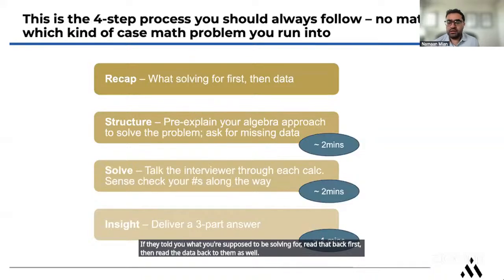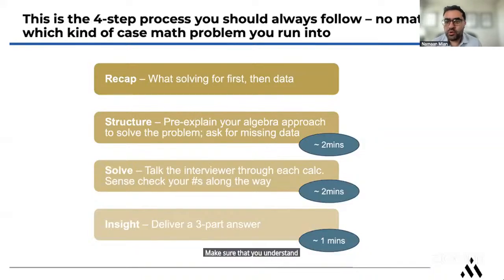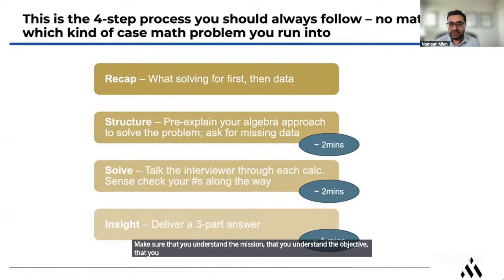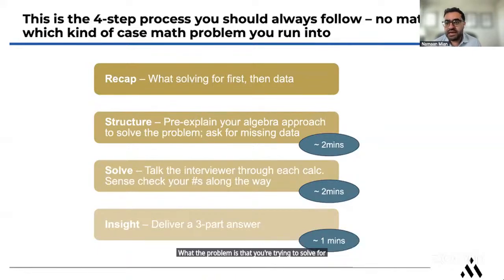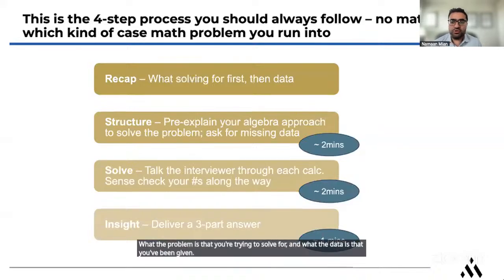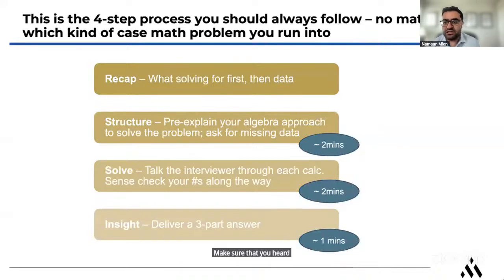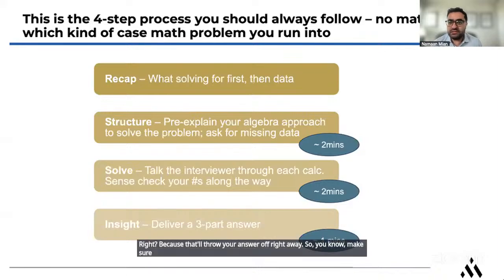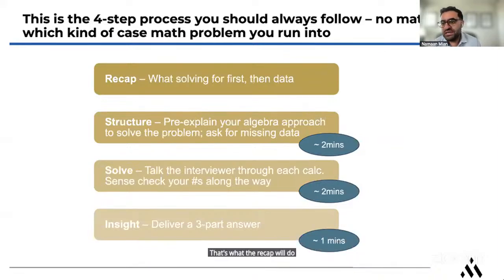Make sure that you understand the mission, that you understand the objective, that you are correctly identifying what the problem is that you're trying to solve for and what the data is that you've been given. Make sure that you heard 3 million instead of 300 million, right? Because that'll throw your answer off right away. So, make sure that you've got the data right that they want you to have. That's what the recap will do. Should take you 30 seconds.